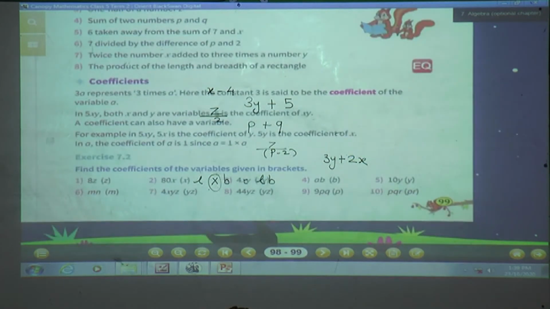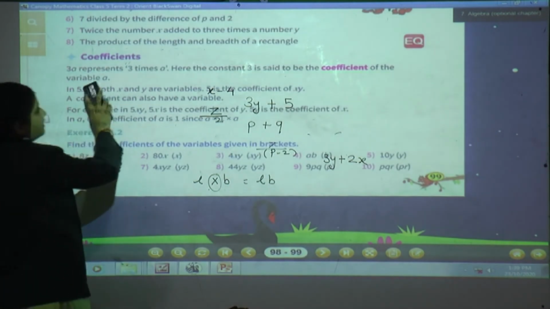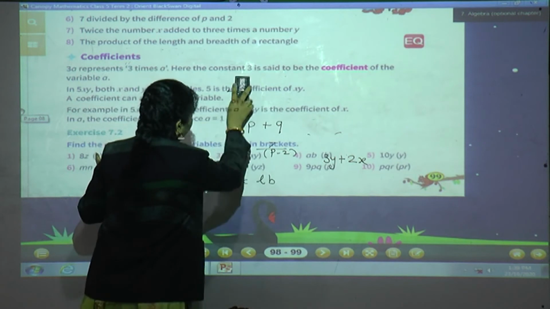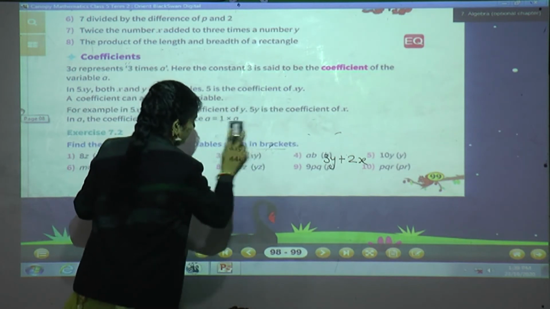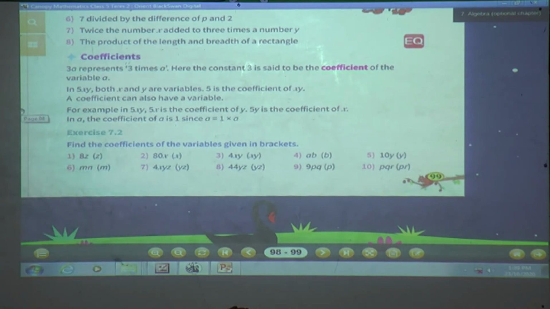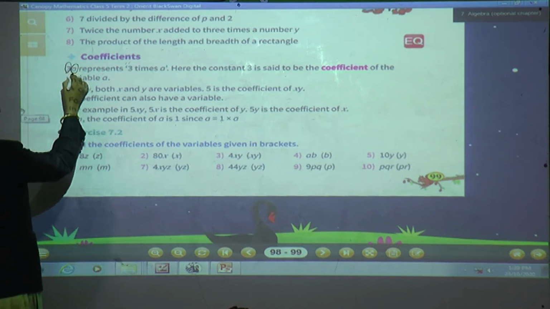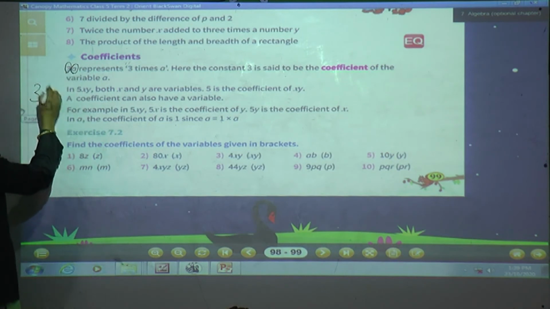See here, 3a represents 3 times a. Here the constant 3 is said to be the coefficient of the variable a. So in 3a, this 3 is the coefficient of the variable a.